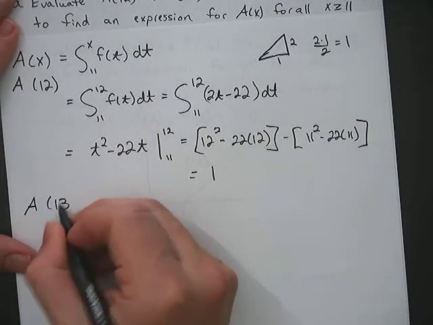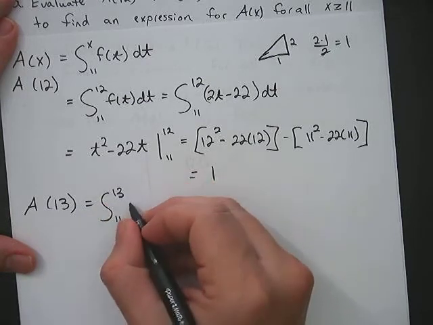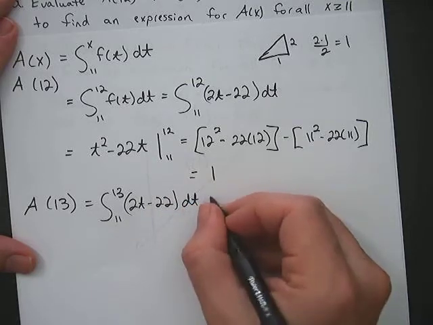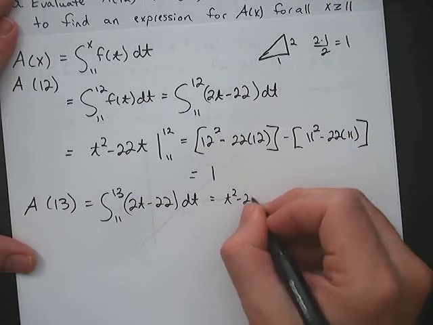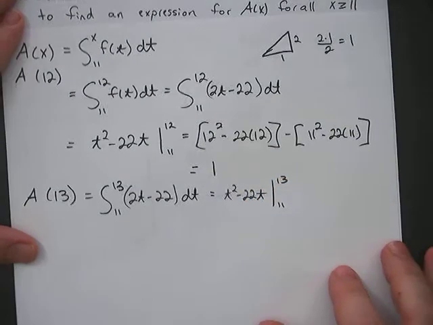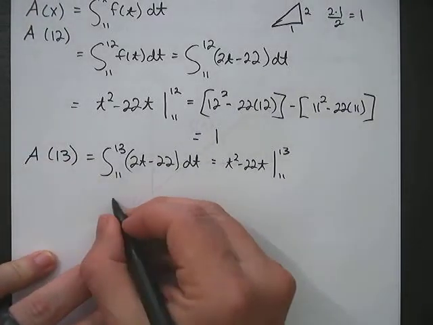13. So that's equal to the integral from 11 to 13 of 2t minus 22 dt, which gives us t squared minus 22t evaluated from 11 to 13. So do just what we did last time.